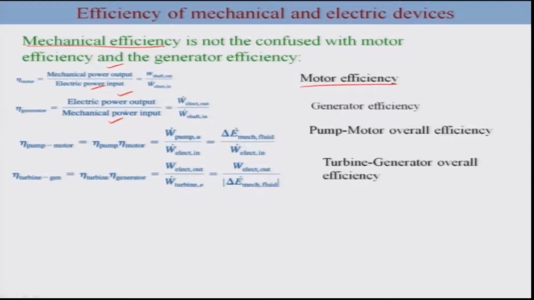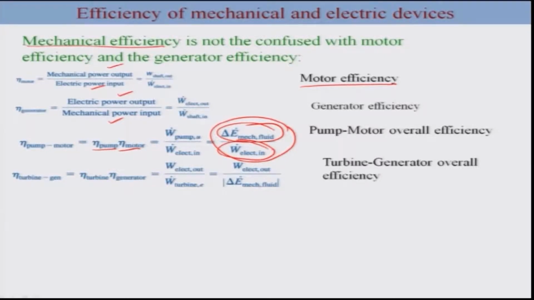So what about the combined pump-motor efficiency? You are going to just multiply the individual efficiencies. Or in other words, you can come up with this direct form, where the pump and motor combined have the effect of increasing the mechanical energy of the fluid, divided by the power it takes.